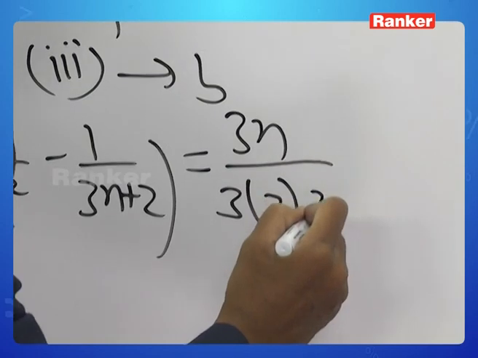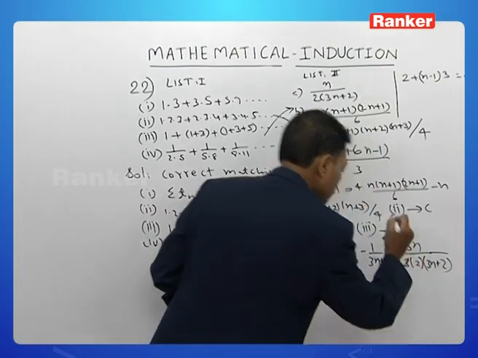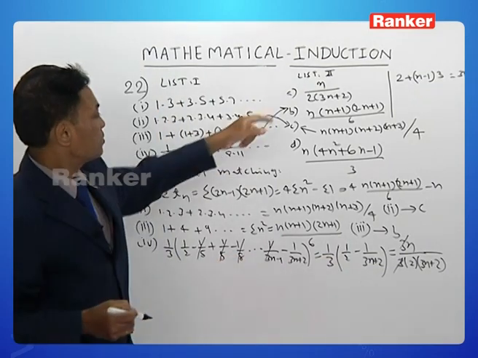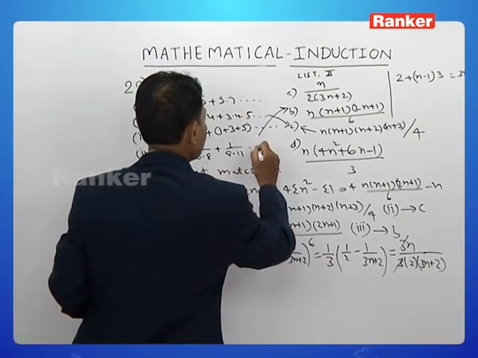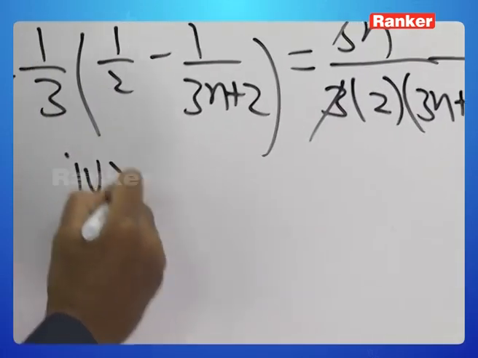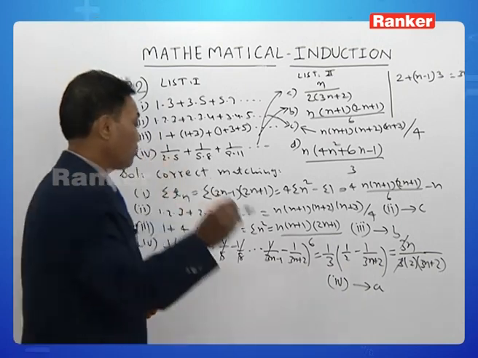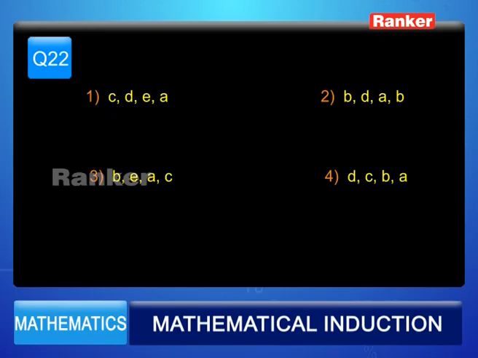The 3 gets cancelled, so we get n by 2 into 3n plus 2, that is A. So, Roman number 4 will be joined to A. So, the right option is the fourth one. The answer is the fourth option.